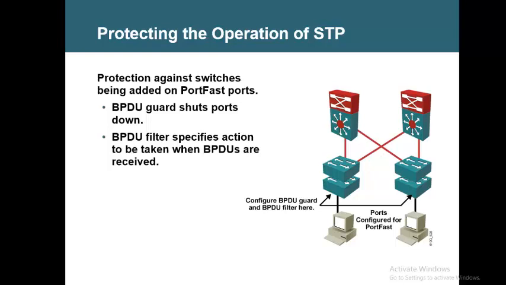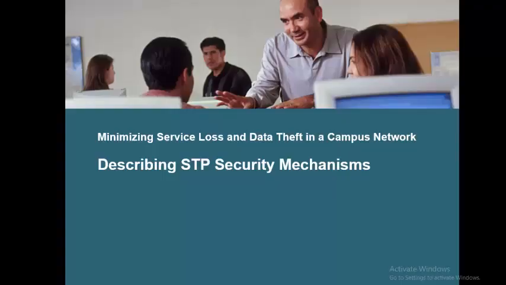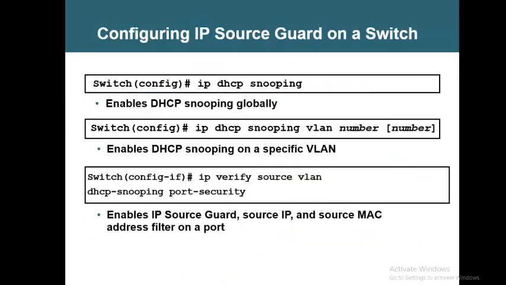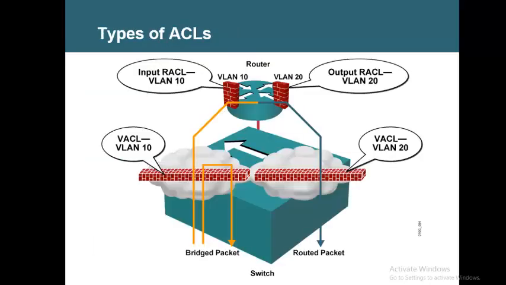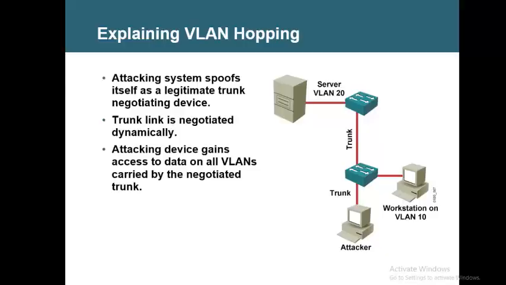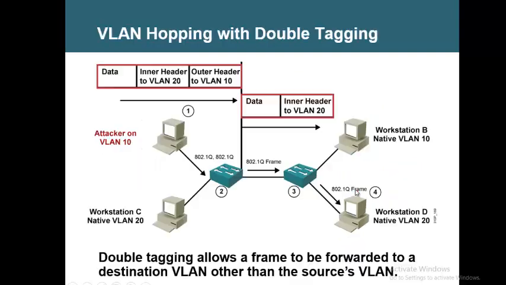To avoid that, we configure switchport mode access. Someone can negotiate trunk, let me take you back and show you what I'm trying to say. We saw here an attacker negotiating trunk; to avoid that we reconfigured access.